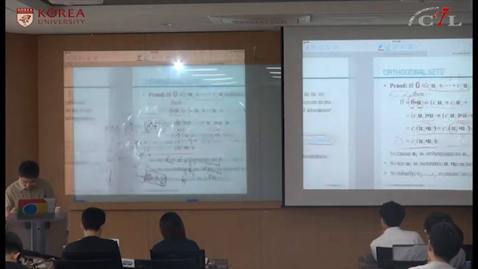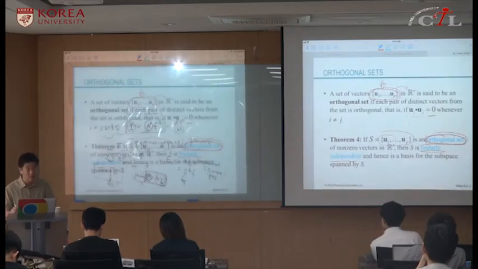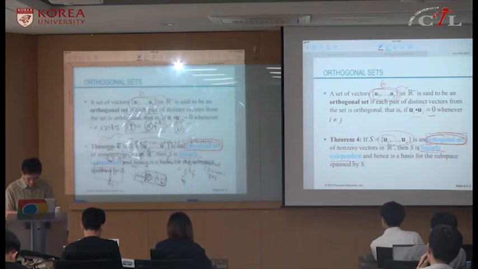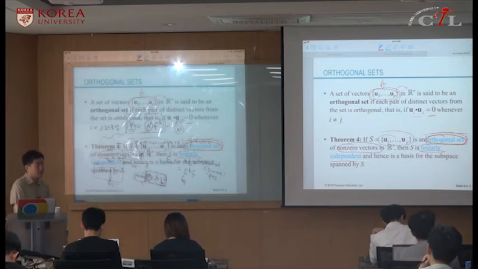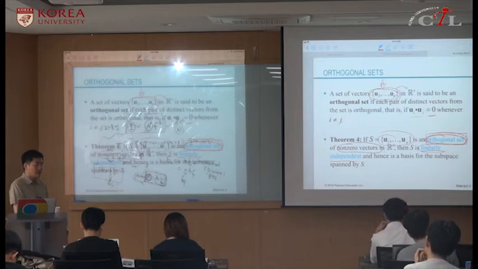I forgot one thing over here. We consider this orthogonal set composed of all non-zero vectors. If our vector set contains a 0 vector, then it is automatically a linearly dependent set. We know that, right?